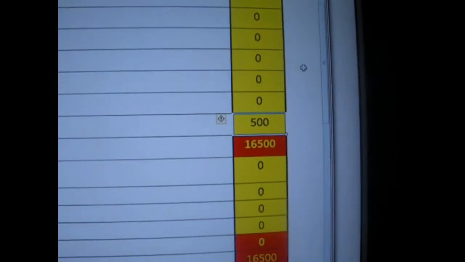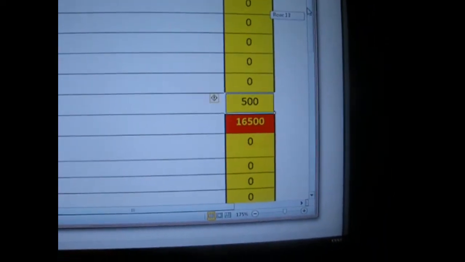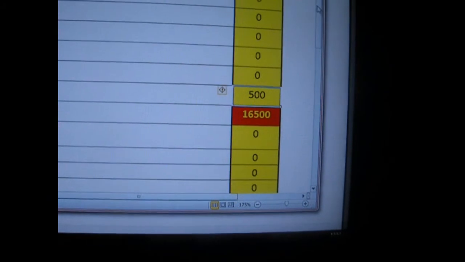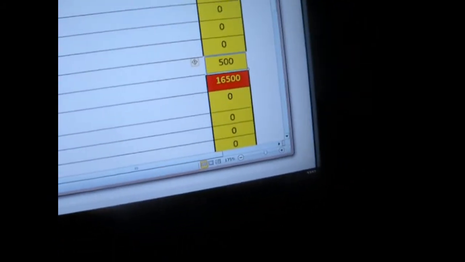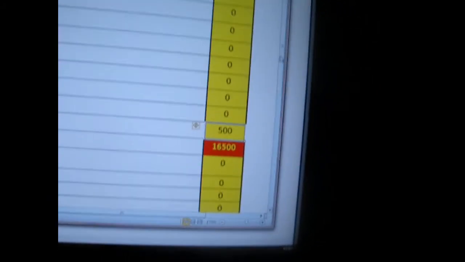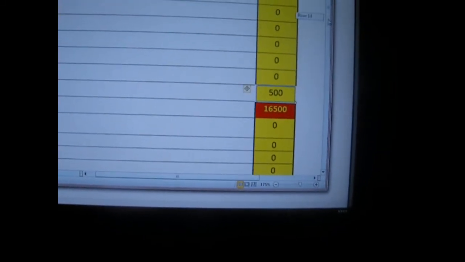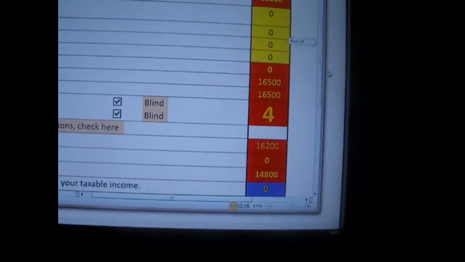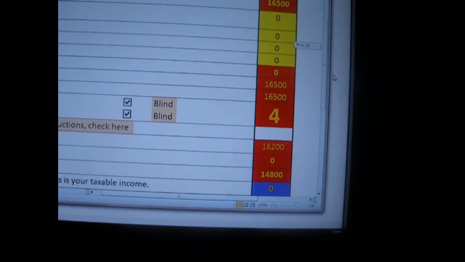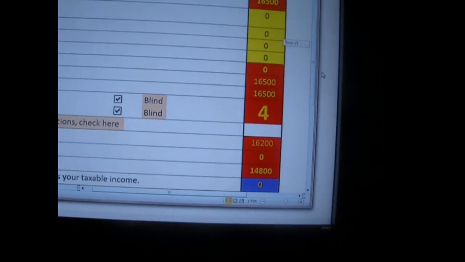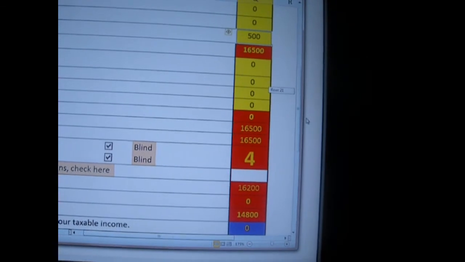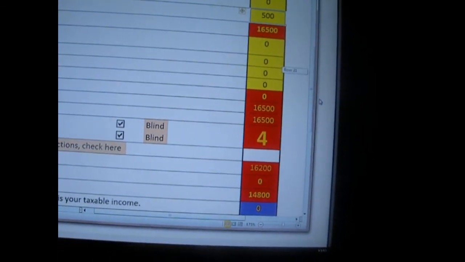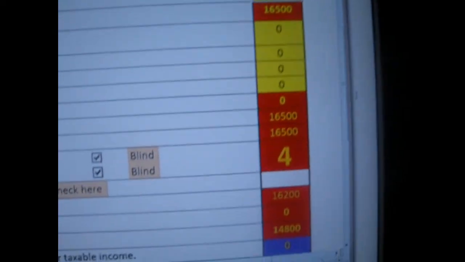That's for Social Security benefits for a person who actually got $16,000 for the year in Social Security benefits. Usually people don't get that much, but okay. So they have a taxable amount of that for $16,500, and we continue to go down.